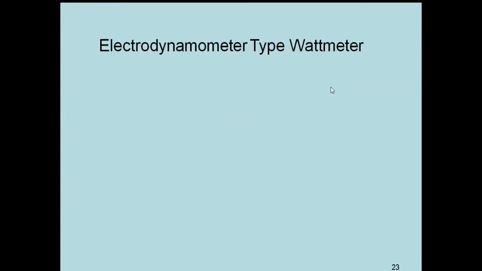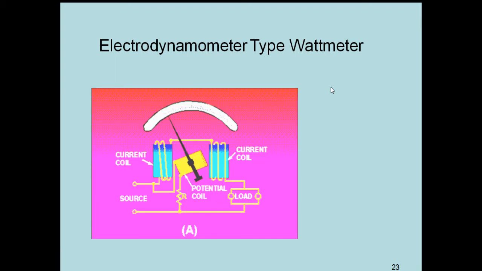Then we will switch over to the dynamometer type wattmeter. Okay, so first we discussed ammeters and voltmeters, in which we mainly discussed the measurement of direct quantities using PMMC meters.